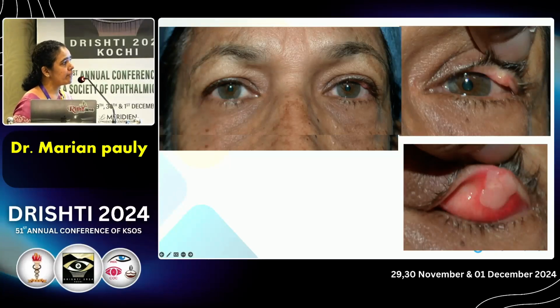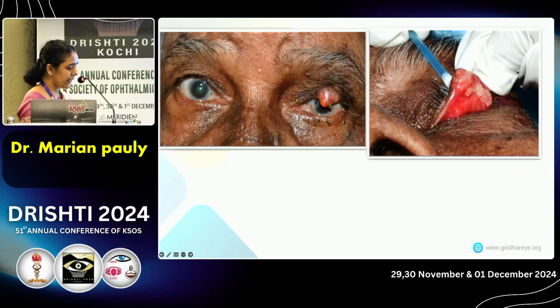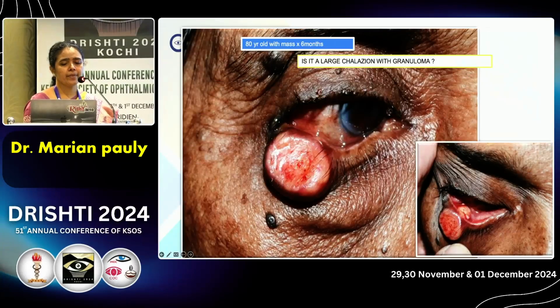Now when you evert it, you can see this is a clear-cut case of sebaceous gland carcinoma. I'm showing a different spectrum of SGC. This is nodular. She has all the features: loss of lashes, surface telangiectasia, loss of normal architecture, tarsal plate extension, etc.